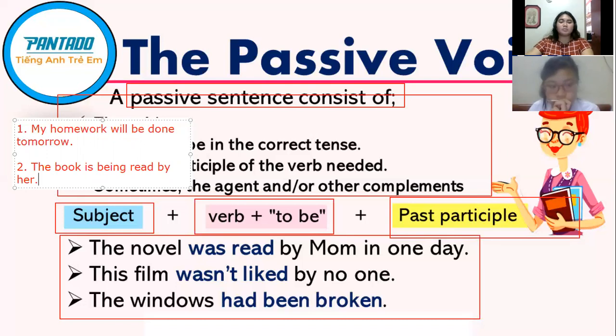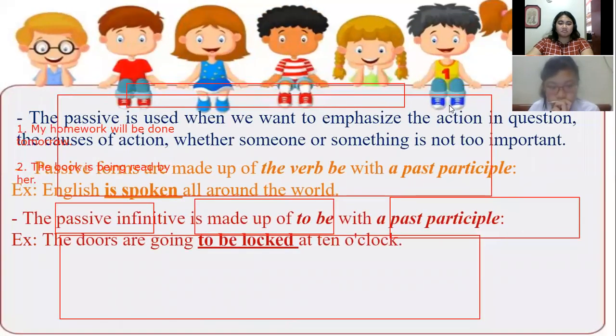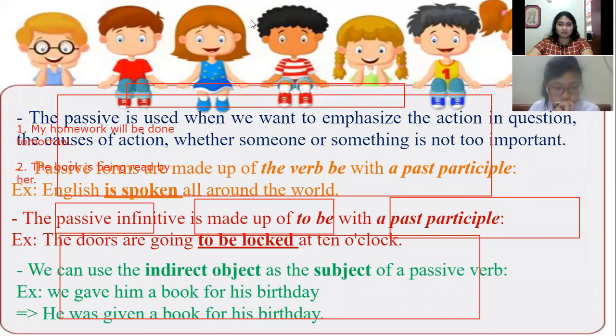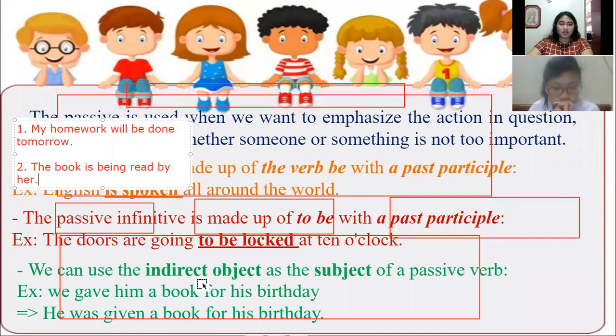The book is being read by her. All right, hold on. Let's see some of the examples. All right, so the book is being read by her. Okay, the same thing we use is here.